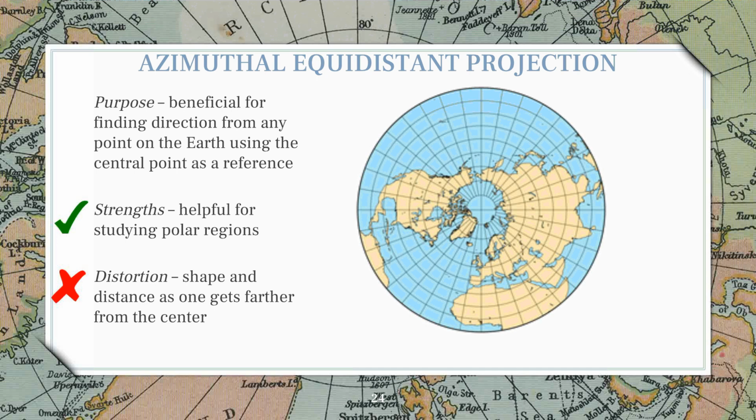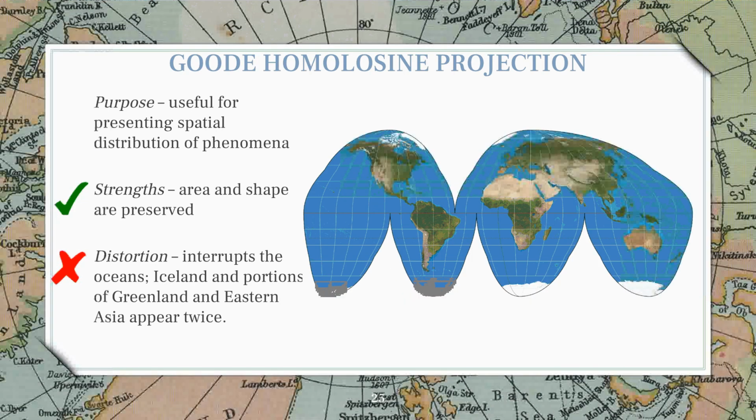Okay. This is the orange peel. This is Goode's interrupted projection. So if you drew the 7 continents on an orange and then you unpeeled it and squished it flat, that's kind of what you would get. The problem here is that Greenland is on there twice, because that's the part that got ripped in half, and then parts of Asia are also on there twice.